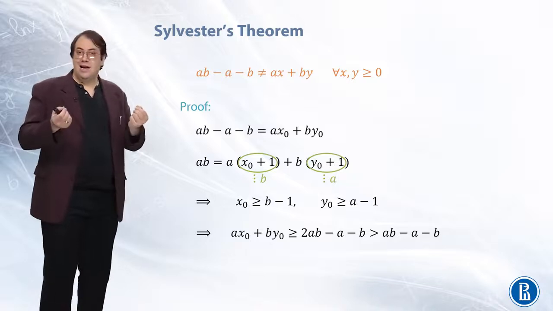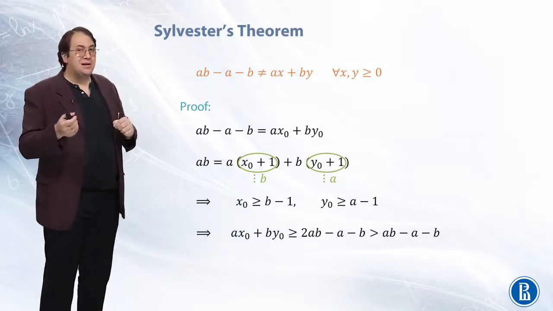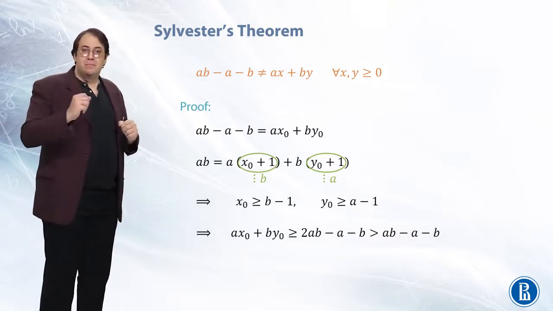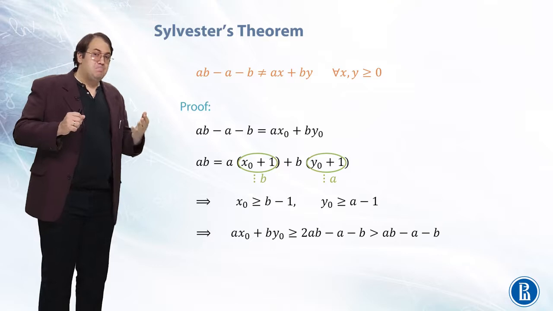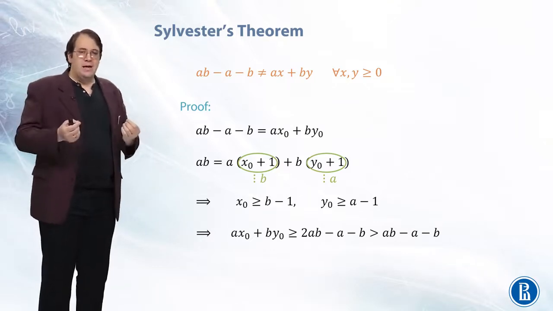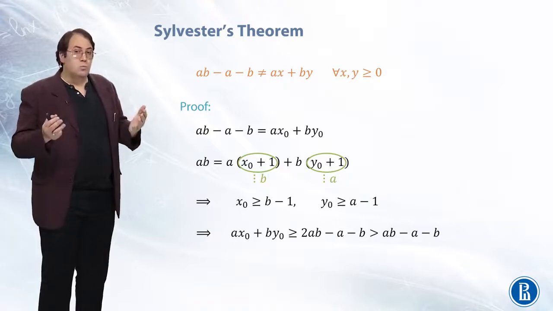But b and a are mutually prime. So y0 plus 1 must be divisible by a. Similarly, x0 plus 1 must be divisible by b. But we know that x and y are greater than or equal to 0.